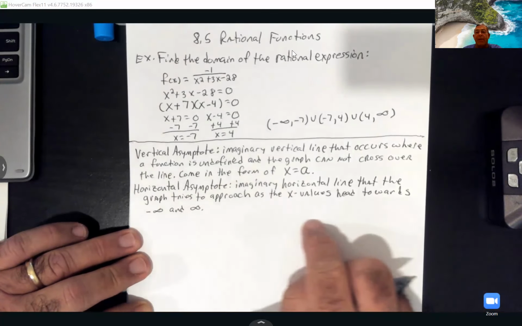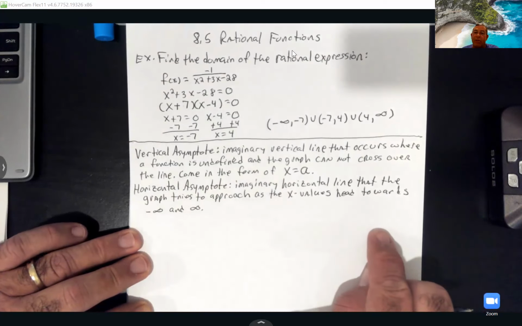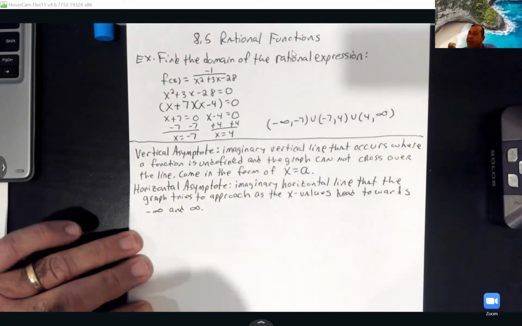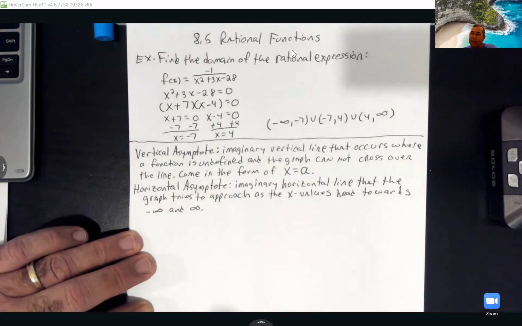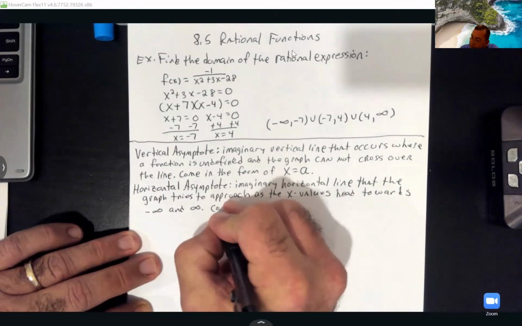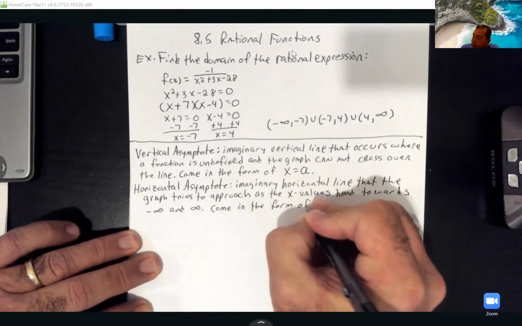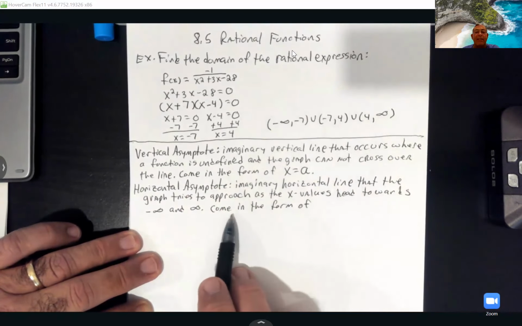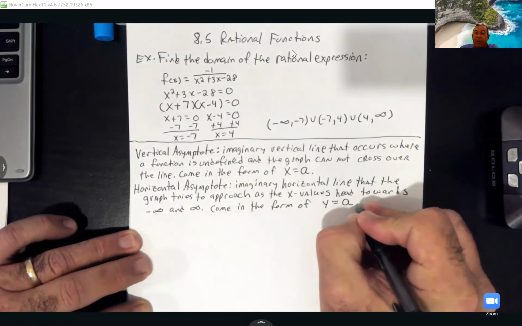So as these x's get bigger and bigger, these functions will try to get down to these horizontal asymptotes. Now they never reach the asymptote, but they get closer and closer as you head out towards infinity or even negative infinity on the left side, okay? Now these also come in the form of an equation. Since these are horizontal lines, they come in the form of y equals some number.